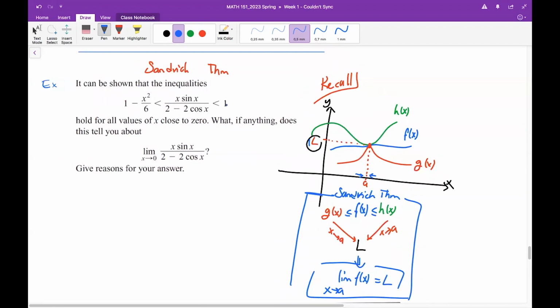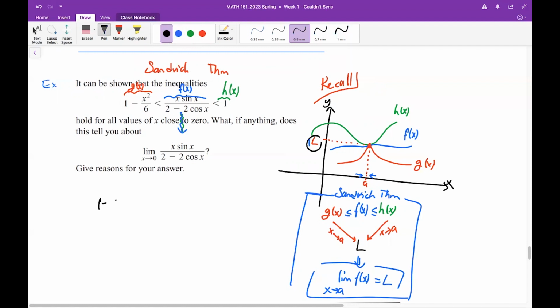So you see there is an ordering here between the functions. The functions are given. This is g of x, the smaller function. This is the middle function f of x, and this is the bigger function h of x. And we want to find the limit of the middle function as x goes to 0.